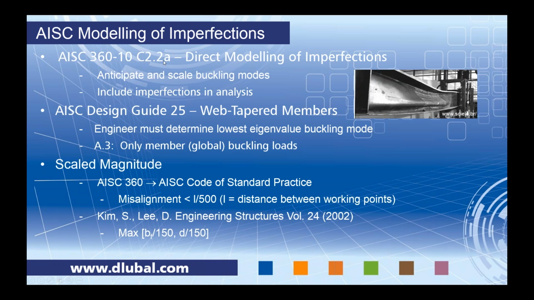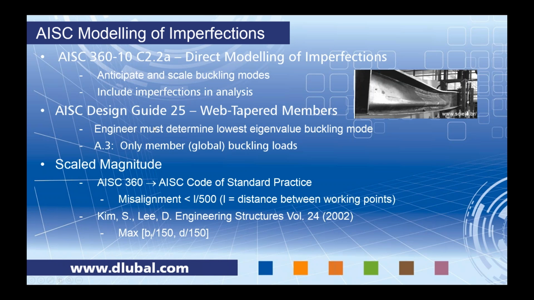So C2.2a in the code says that we can directly model these imperfections. Here we'll want to anticipate and scale our buckling modes, and then after we scale it and create an imperfection, we want to include this imperfection in the analysis. I also referenced Design Guide 25 here for web tapered members.